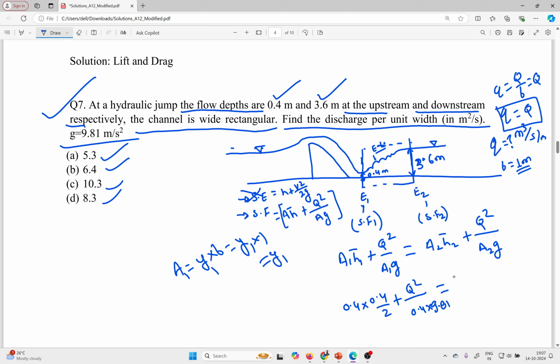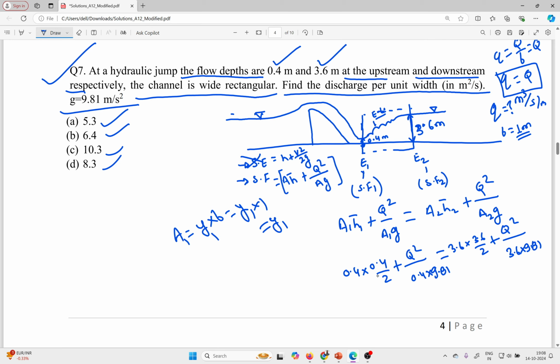Equal to A2: 3.6 into 1, we will not write that, and 3.6 divided by 2 for h2 bar, plus Q square divided by A2 g. A2 is how much? 3.6 into 1, and we will not write that, and g 9.81, because if you multiply anything with 1 it remains the same.